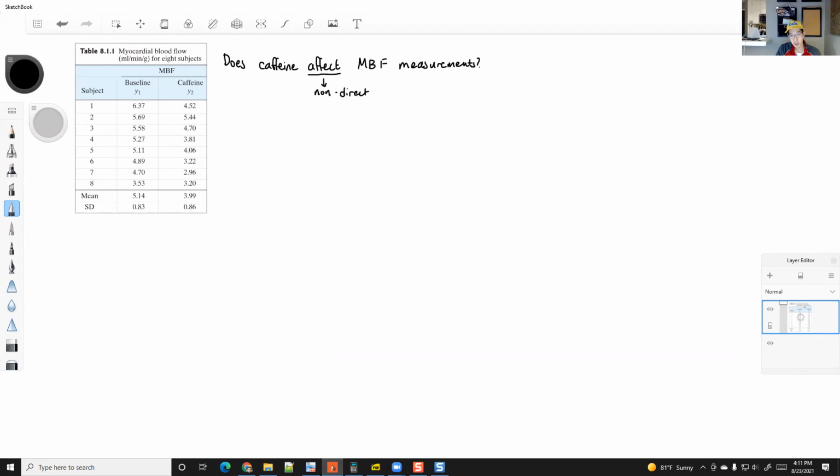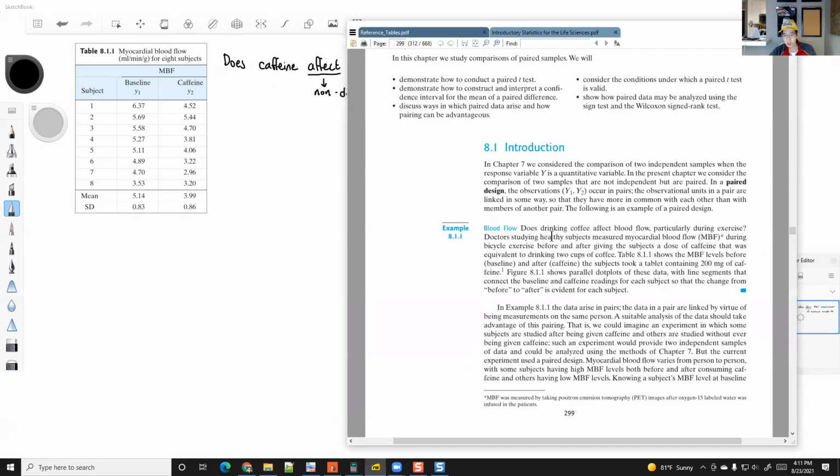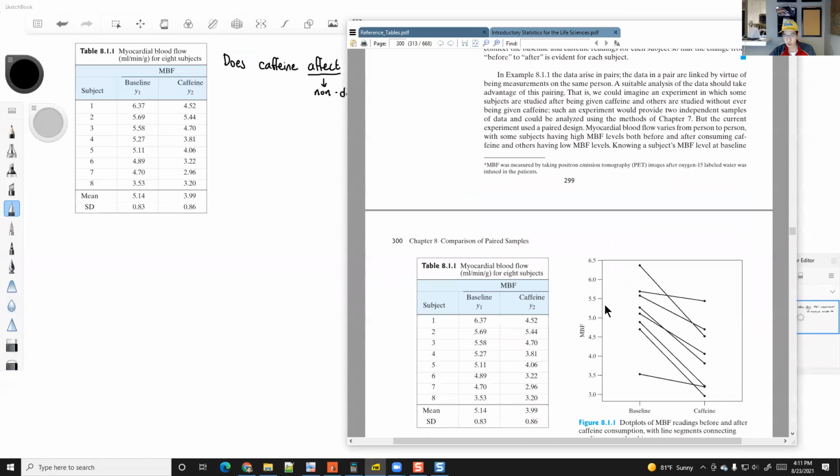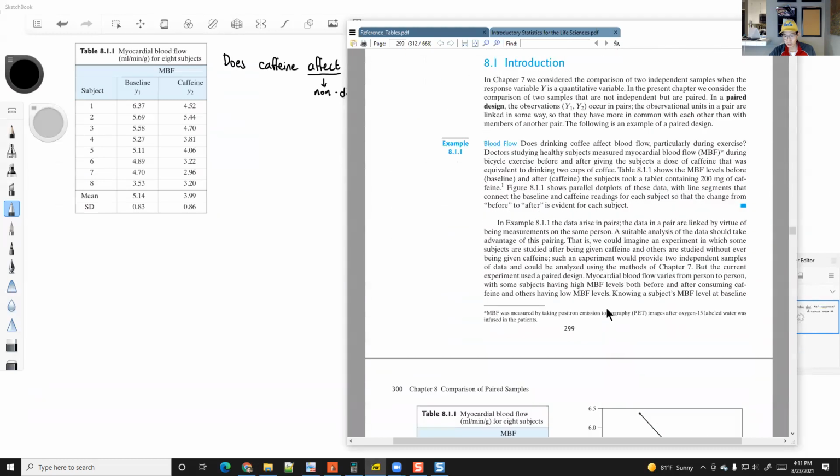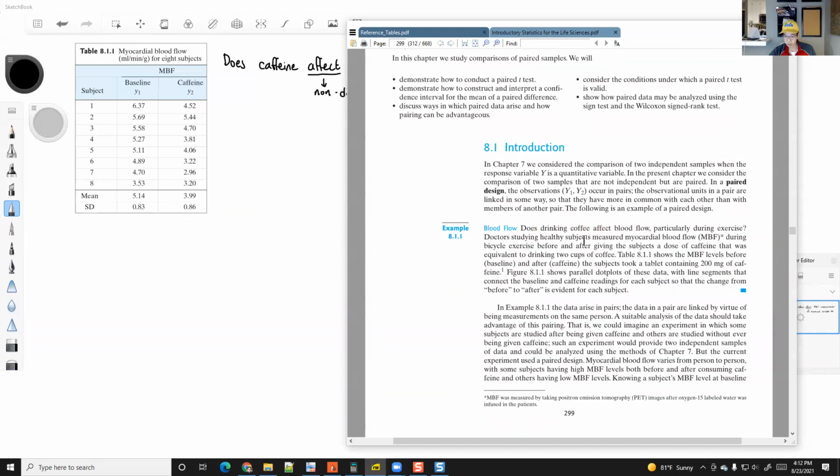So here we are going to have a two-sided test. I know there's a lot of questions on when do we use a one-sided or a two-sided test? It all depends on the premise of the question. And so here, the question just says, does drinking coffee affect blood flow? It doesn't say that we're expecting the blood flow to increase or decrease, okay?